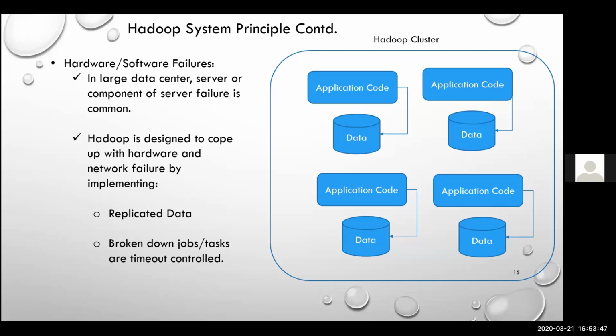And what is the n? That will be decided by the Hadoop administrator. We will configure it. Let's say in a 100 node Hadoop cluster, we configure n as 3. That means a block will be copied to a minimum of 3 places. So if one node is down, or a second node is also down at a time, you can still access the data.